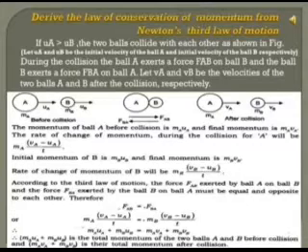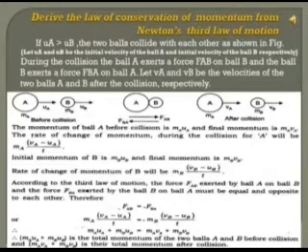During their collision, which lasts for a time t seconds, ball A exerts a force FAB on ball B, and ball B exerts a force FBA on ball A. Suppose VA and VB are the velocities of balls A and B after their collision, respectively.